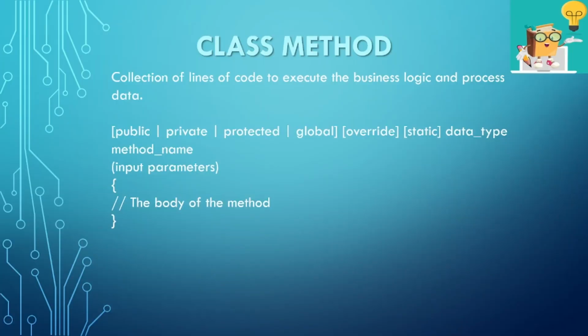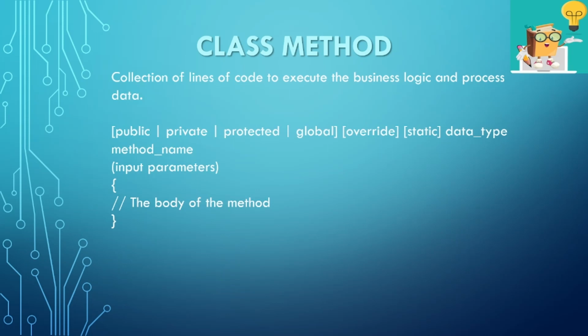After that, you must be noticing we have something called input parameters. So what are input parameters? Input parameters are those parameters which will be used to drive your business logic. Let's say we have written a method where we need to process first name and last name.